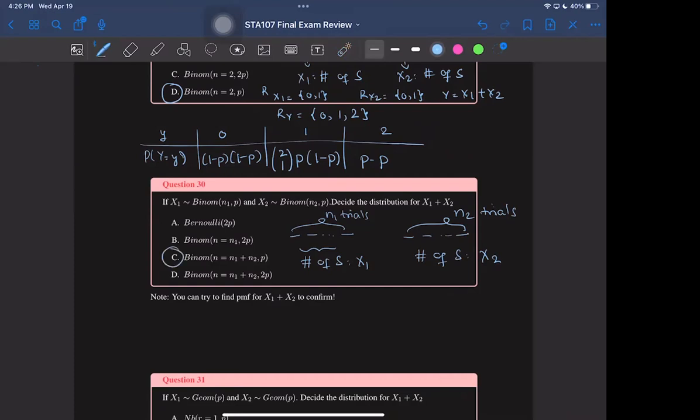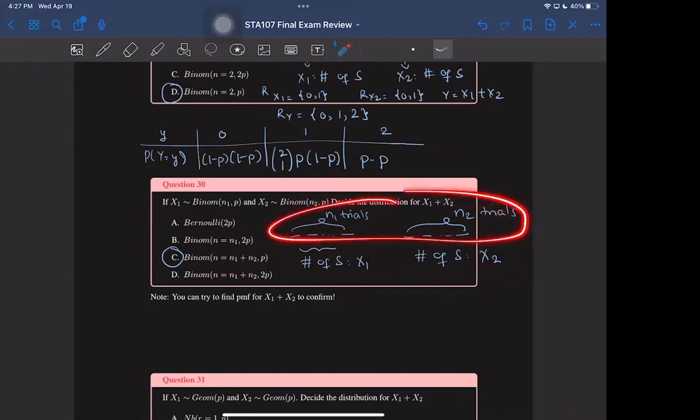It is C. Again, you have n1 trials and the number of successes in those n1 trials, how many successes you have in here is denoted by x1. And you have another n2 trials, and how many successes you have in here is denoted by x2. If you take the number of successes here plus the number of successes here, it tells you the total number of successes in the whole set of trials that you have here.